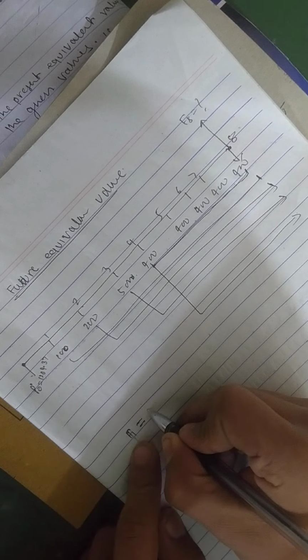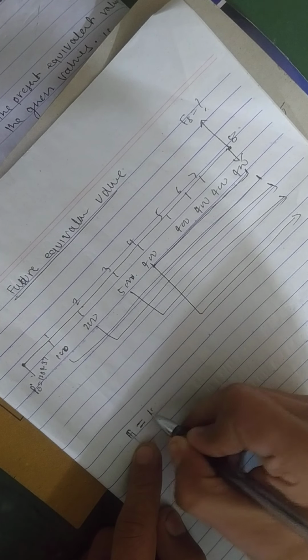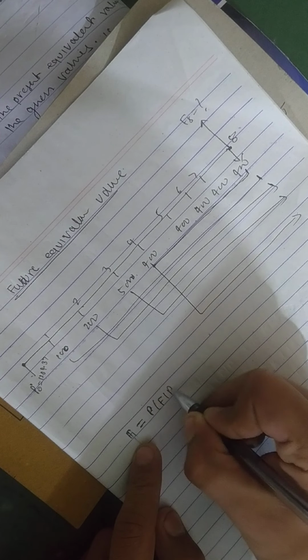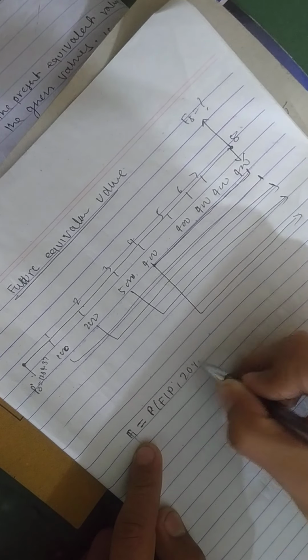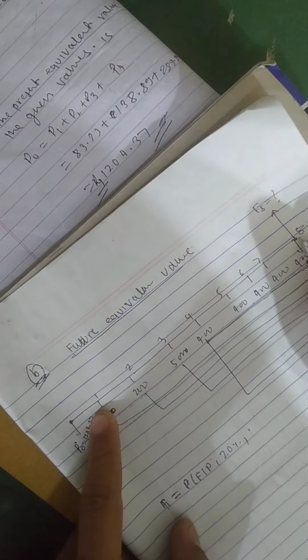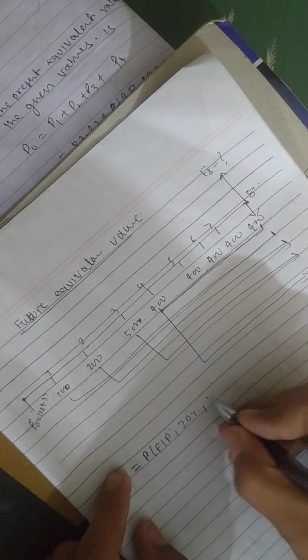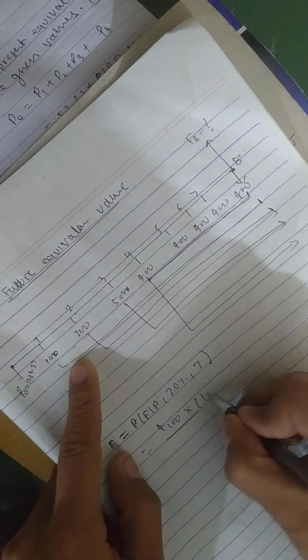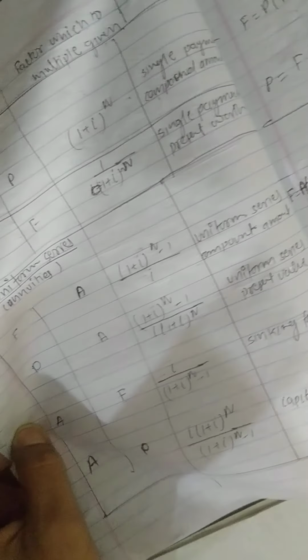So I have been given a present value and I have to find the future value, F given P, 20% interest rate, for how many years? For 8 minus 1 it will give 7. Now our present value is 100 into what will be the formula? I already told you the formula in my previous lecture, and I am using this formula.